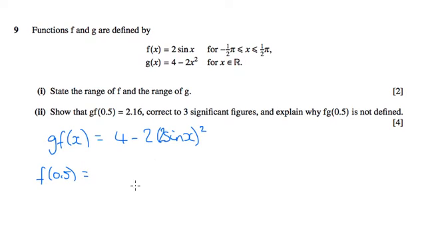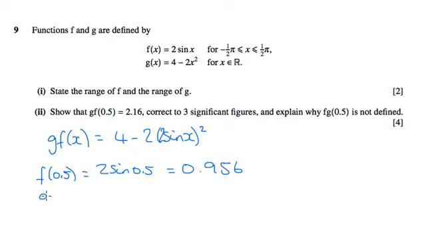f of 0.5 is going to be 2 sine 0.5. We're working in radians, so just be careful of that. Make sure your calculator's in radians, because we were in degrees for a previous question. So we've got 2 sine 0.5, which comes out at 0.956.